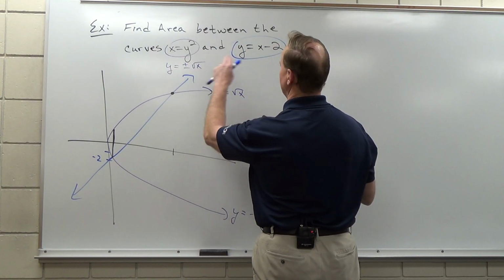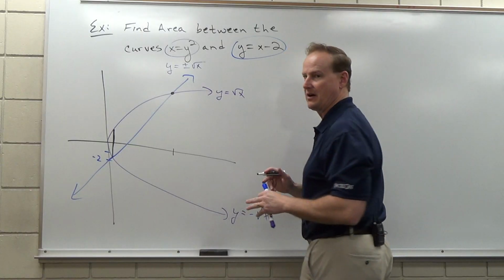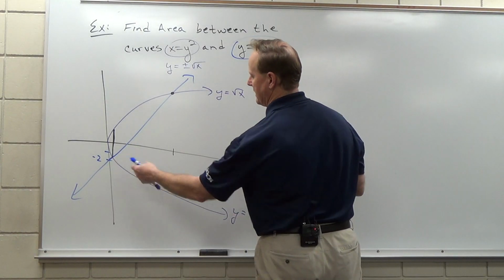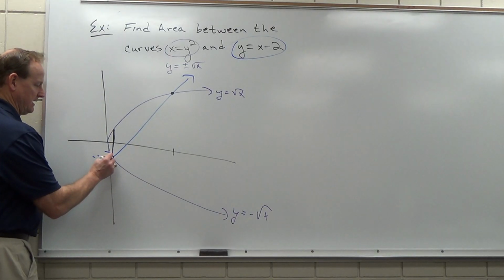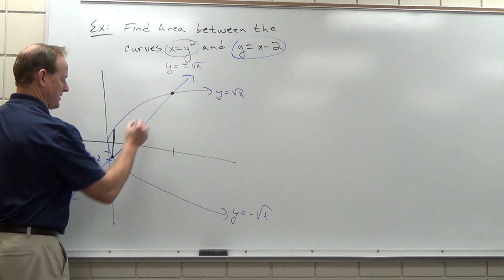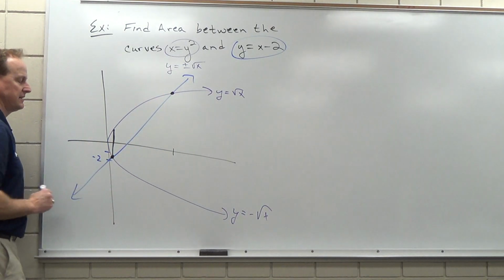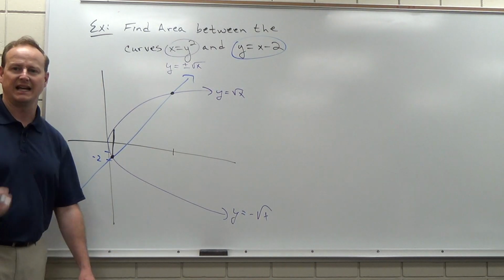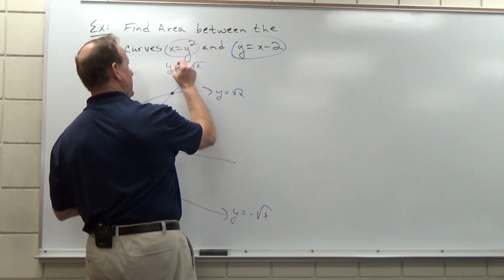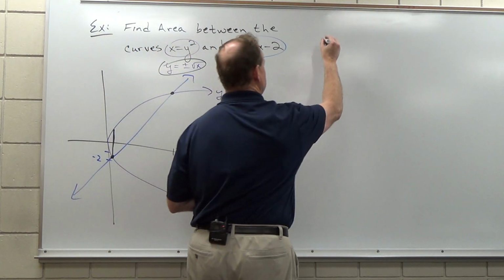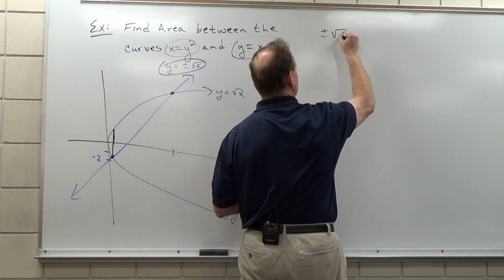So why don't we just set the y's equal to each other to figure out what the x's are? Because right here and right here, these heights are the same for both curves, correct? So what we need to do is figure out the x value that happens. So I've got y equals plus or minus the square root of x, so plus or minus the square root of x.